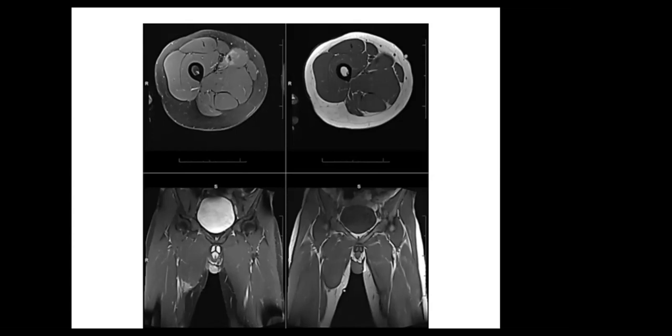In the first image and the other T1 image, there is no obvious change in signal intensity. The coronal images also show a high signal intensity on the medial muscle compartment, nearly surrounding the femoral vessel.